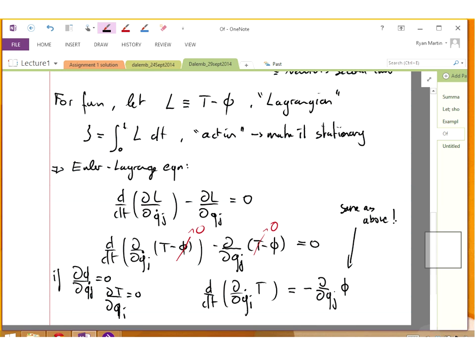In fact, this is also a very important principle of mechanics. This requirement that the action be stationary is called Hamilton's principle. We'll see it again in the next chapter, but this is just to give you a flavor of what's to come next.